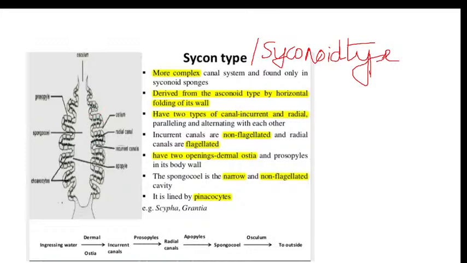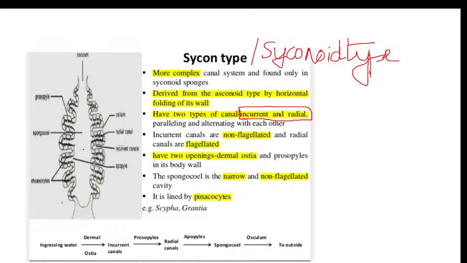Curvy. And they have a system of canals inside. So the cycanoid type is a more complex canal system and they are found in cycanoid sponges. They are derived from the asconoid type and they have two types of canal, incurrent and radial. The main difference between asconoid and cycanoid is that they have two types of canal, that is the incurrent canal and the radial canal.